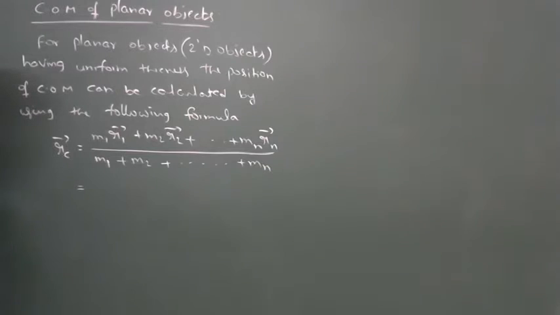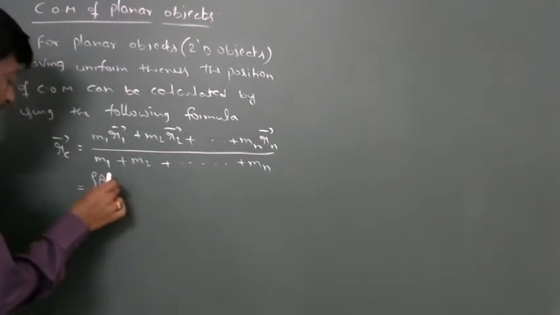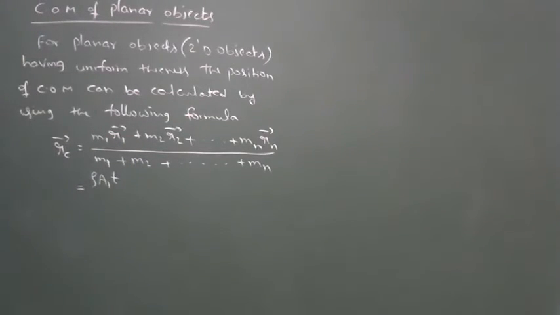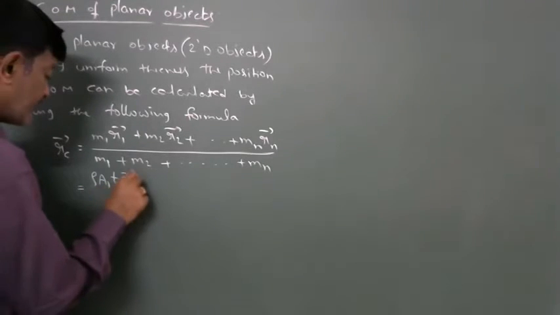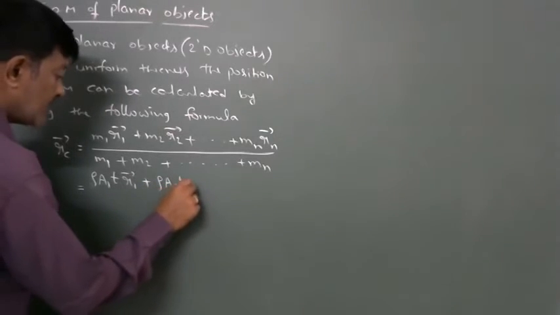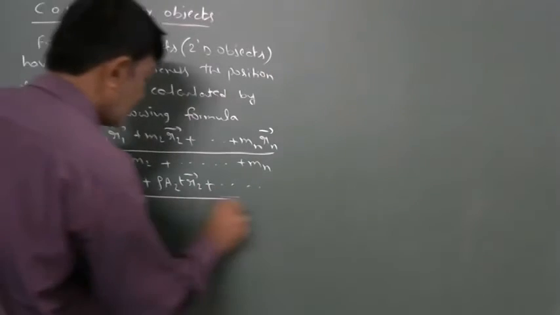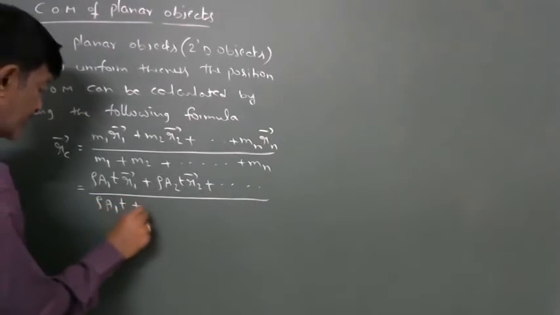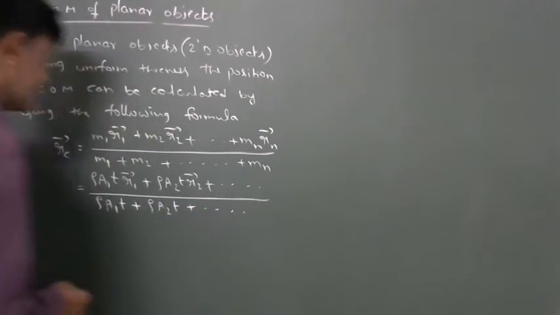So density rho, area A1, thickness T. Thickness of the whole object is the same, density of the whole object is the same, so we get rho A1 T R1 bar plus rho A2 T R2 bar and so on, divided by rho A1 T plus rho A2 T and so on.